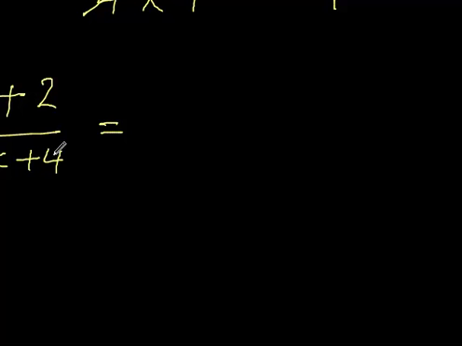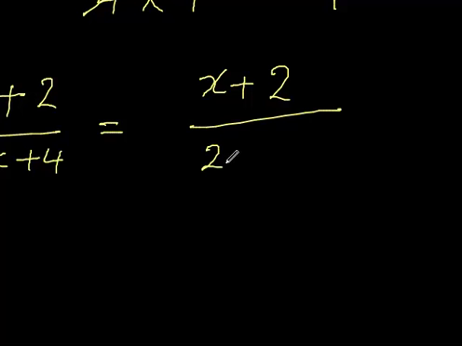Whenever you try simplifying fractions involving algebra, you need to be very good at factorization. So that part can't be factorized, but this can be. So x plus 2, I will write that down, and I can see that 2 is a common factor. So let's try factorizing it.